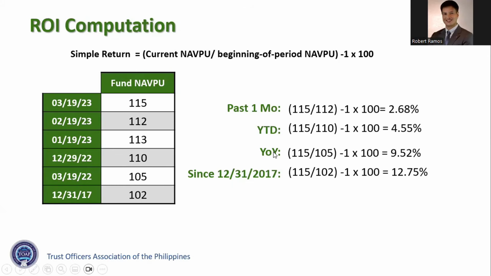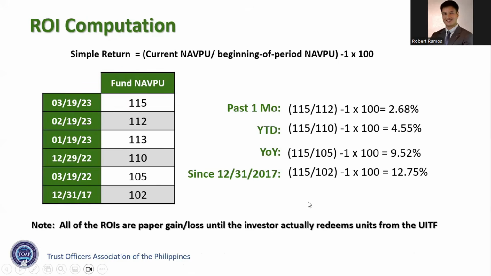For your year-on-year return, your numerator is still 115 since it's 3/19/2023. You need the NAV pool of 3/19/2022, so you go here and use 105. So you're using the formula 115 divided by 105 minus 1 times 100. Your return is 9.52, and so on and so forth.